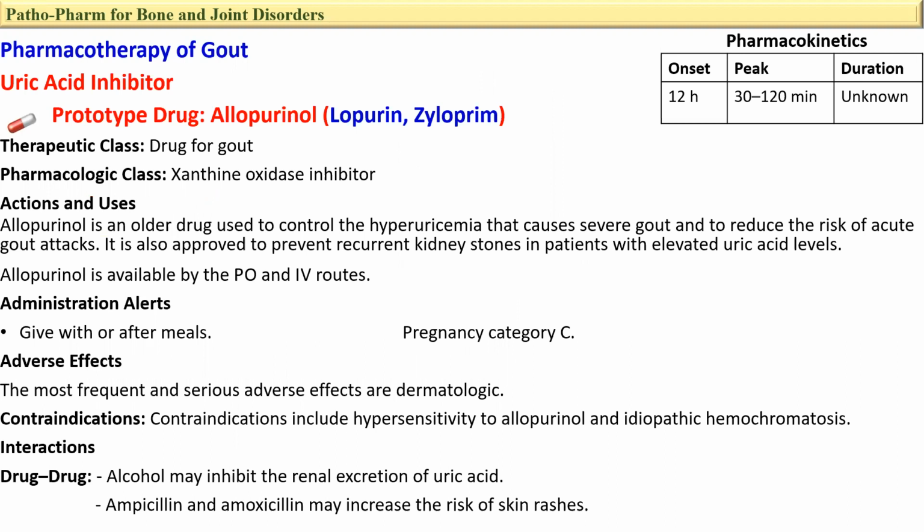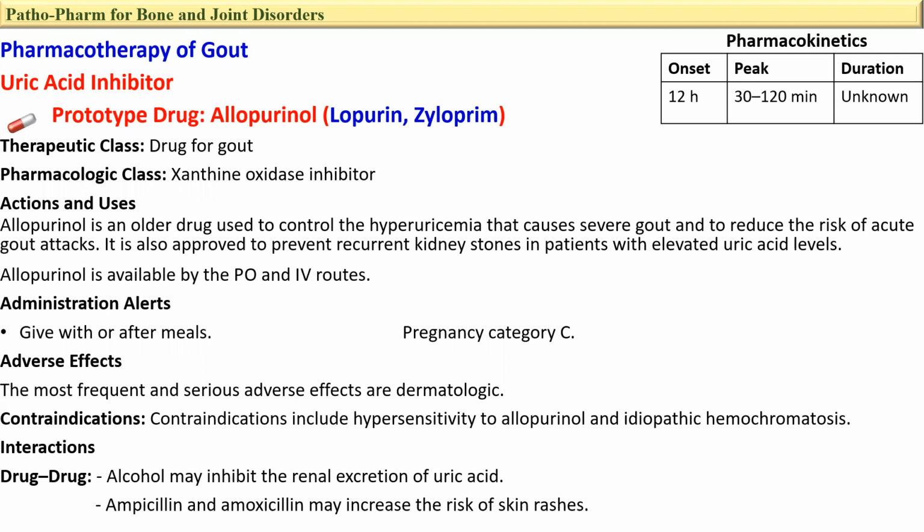Allopurinol is an anti-gout medication. It's a xanthine oxidase inhibitor. It's very effective, and it's a very old drug used to control hyperuricemia, which is a high level of uric acid in the blood, which will result in severe gouty attacks.